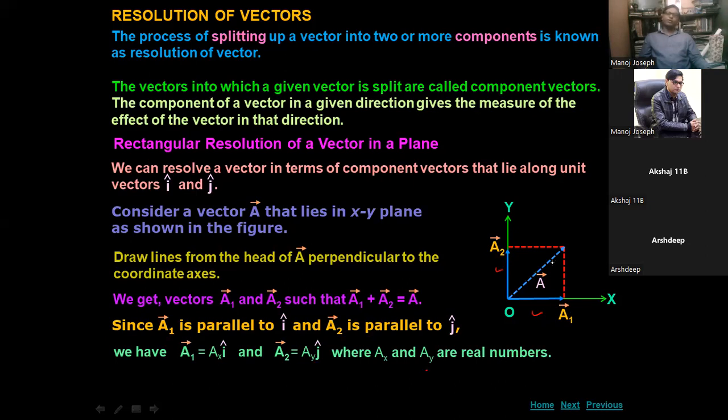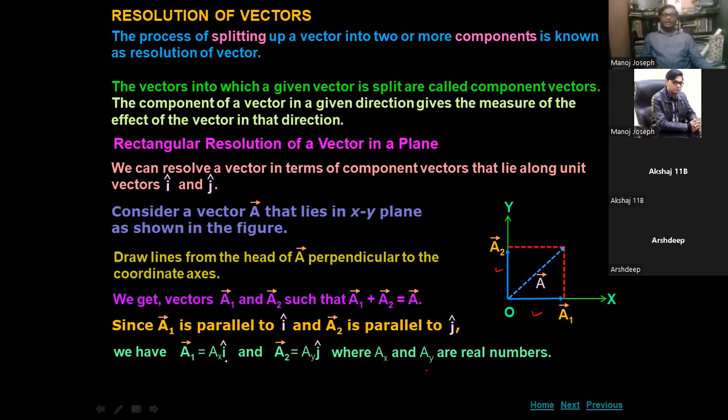If we have considered a point in space, then the third side will be with respect to K cap. So the value of vector A1 is A suffix x I cap. A suffix x is the scalar part of this representation, whereas I cap is the vector part. So a vector can be represented in terms of the product of a scalar and a vector.